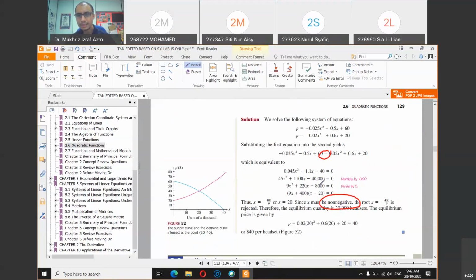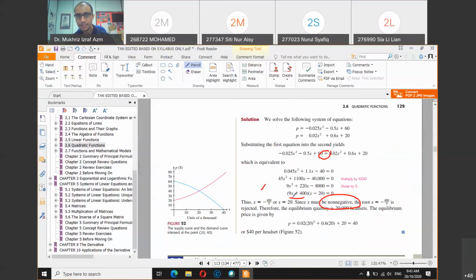When you factorize, you need to exclude the value which is negative. The negative one is negative 400/9 from this part here, but x equals 20 is the one that you're going to use.